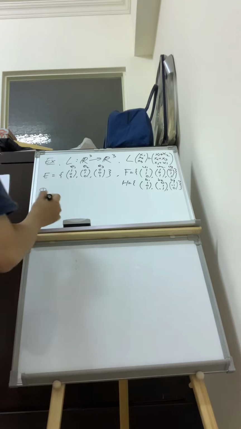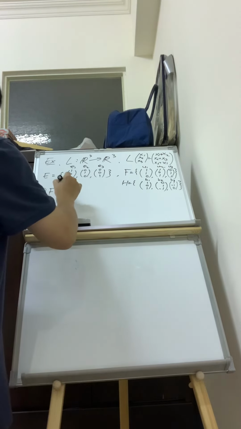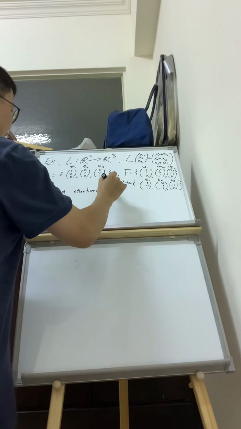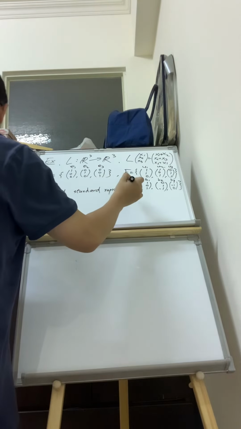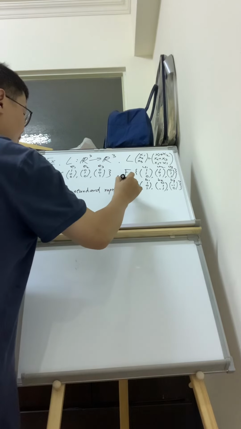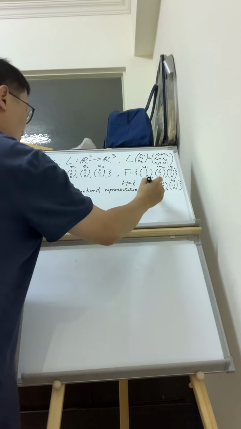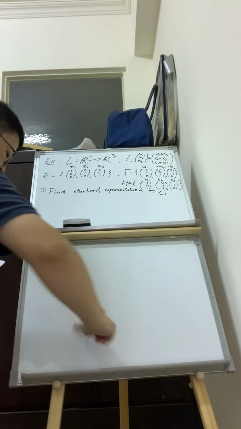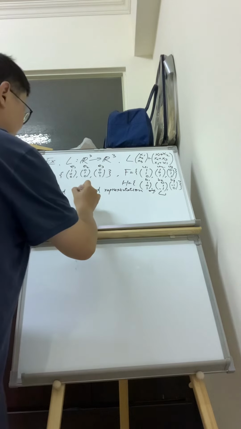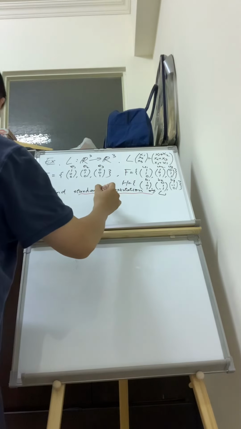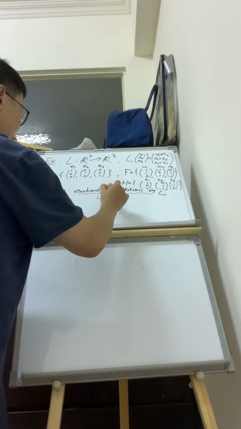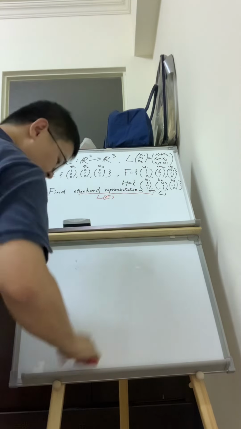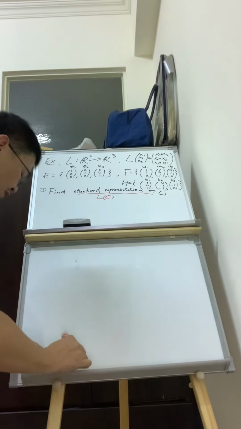So we have two questions. One is to find the standard representation of L. It means that we want to figure out this one for our formula, L_E, and I will explain the detail, okay?